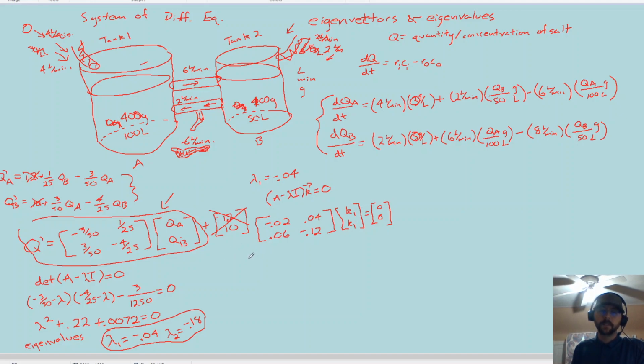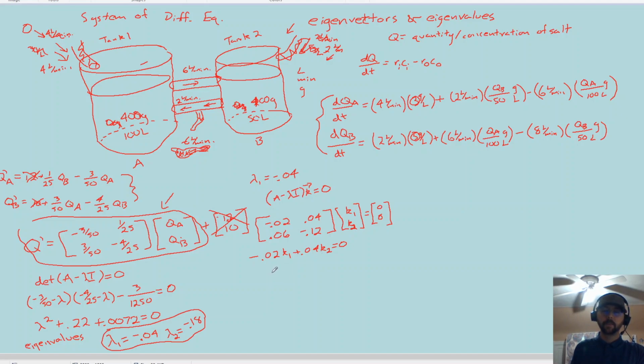So what we have then is -0.02 k1, was supposed to say k2, plus 0.04 k2 equals 0. Then we just kind of solve this. So I'm going to add k1 and then divide.